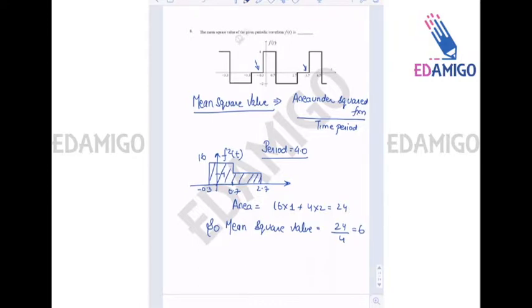Okay, now similarly in any question, if it asks for the RMS value, that is root mean square, just take the square root of this mean square value, that is root 6. Okay, so whenever you solve a question, remember that you have to be very attentive while reading the question and delivering the answer.